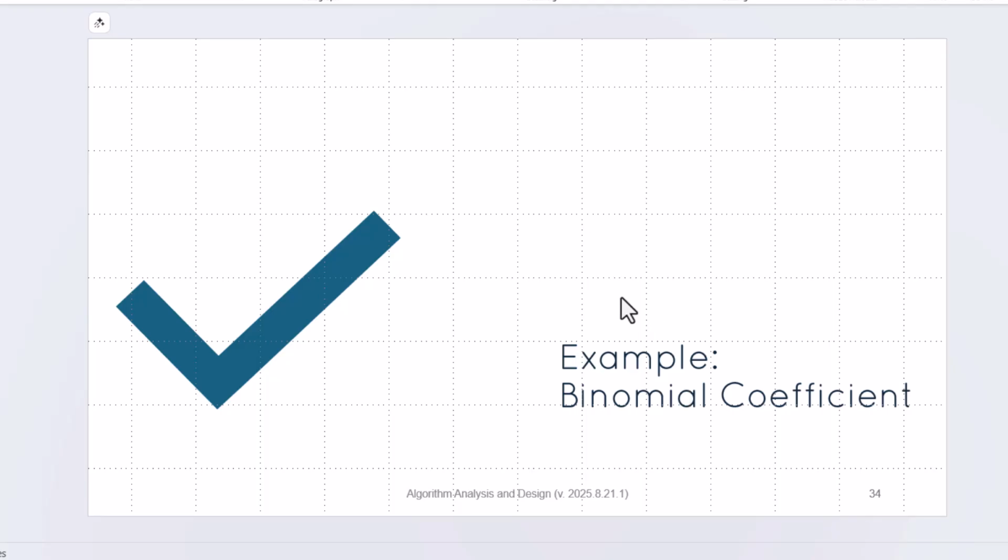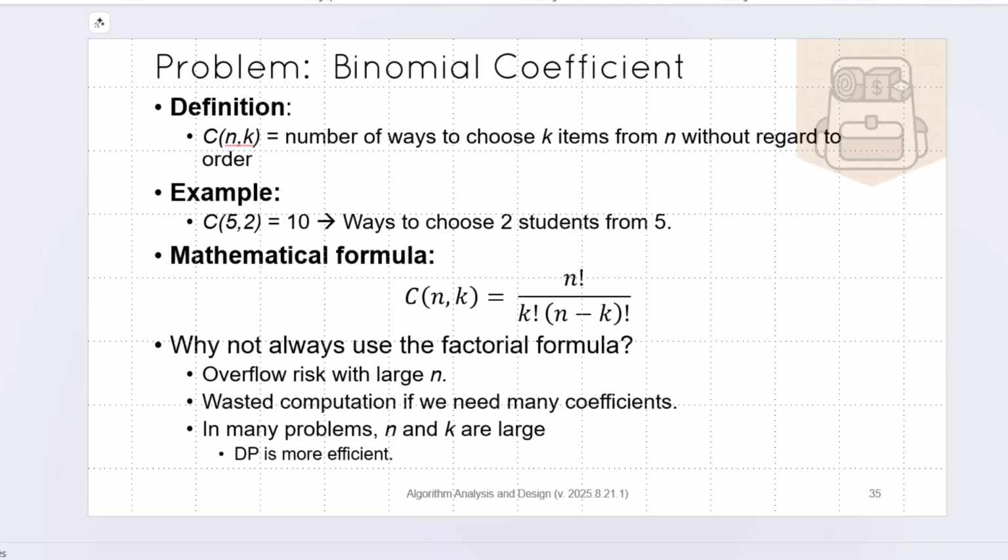All right, so this first example is binomial coefficients. So what's the definition of the problem with binomial coefficients? We want to calculate C of n comma k, the number of ways to choose k items from n total items without regard to order.